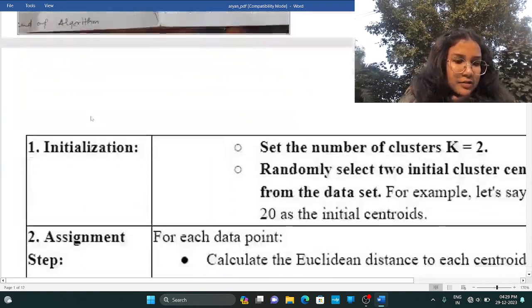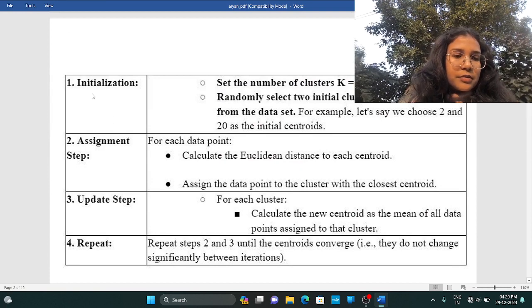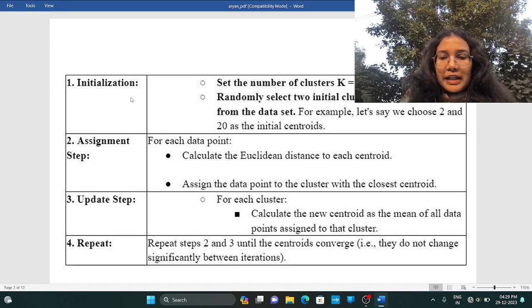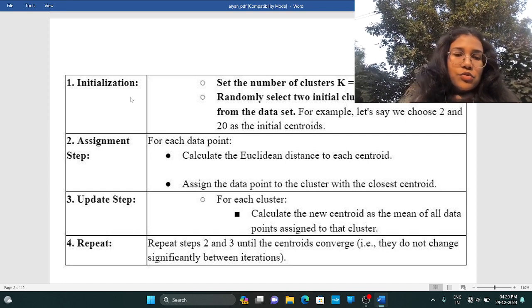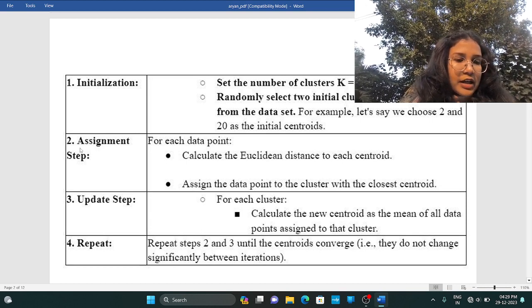Let's start our discussion. The steps are: first, initialization. Set the number of clusters k equals 2. Randomly select two initial cluster centers from the dataset. For example, let's say we choose 2 and 20 as the initial centroids. Second, assignment step.